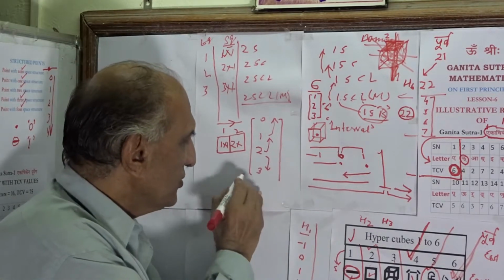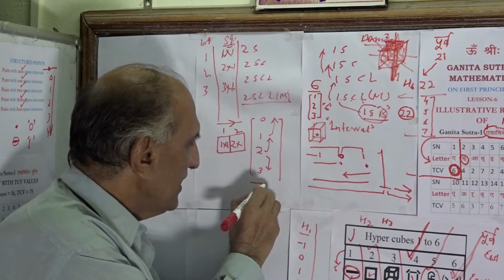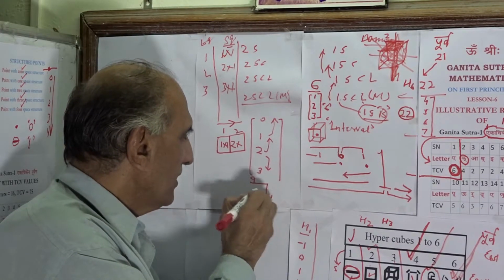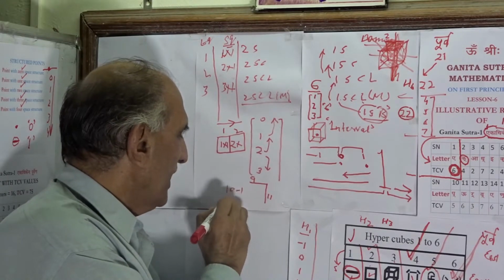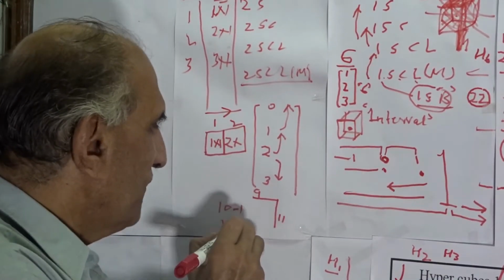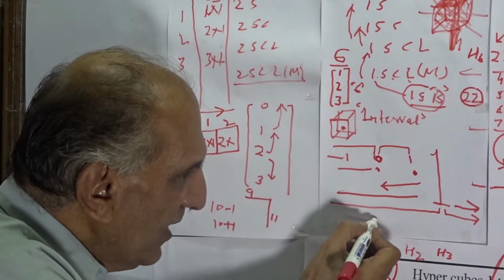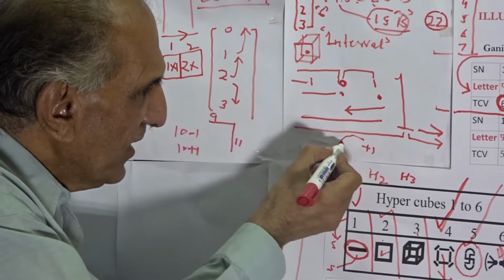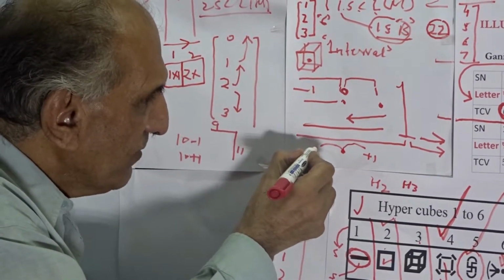There is another transition: we can see that 9 and 11 are 10 minus 1 and 10 plus 1. Therefore, at value 0, one more reaches plus 1 and one less reaches minus 1.